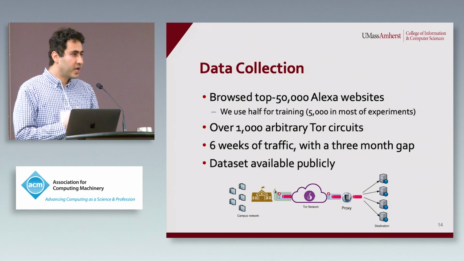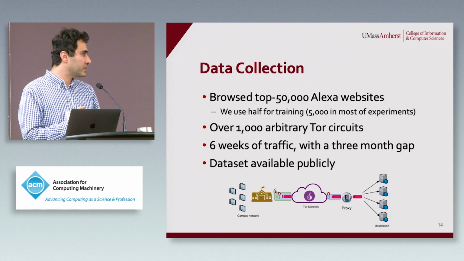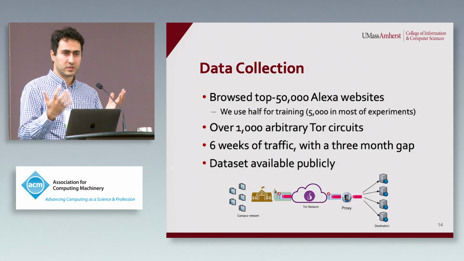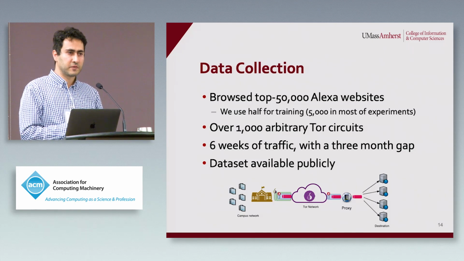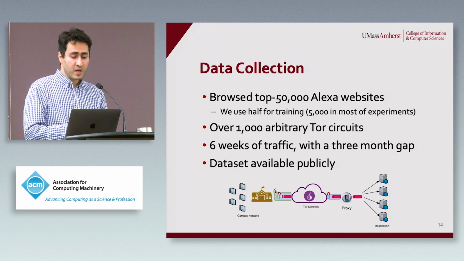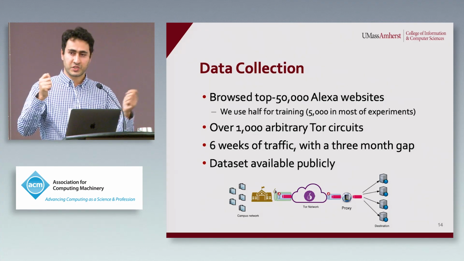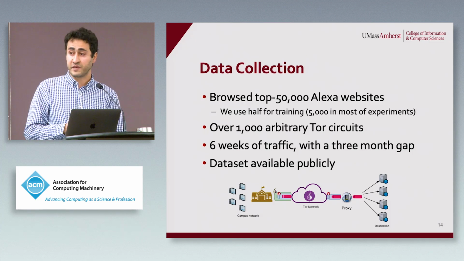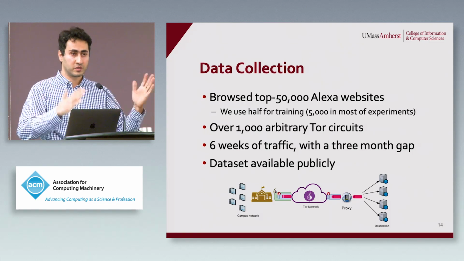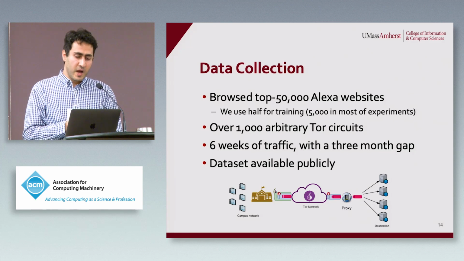First of all, let me explain how we collected the flows for experiments. We collected correlated flow pairs by browsing the top 50,000 Alexa websites. We forced these connections to go over 1,000 different circuits, so we made sure they are distributed over 1,000 different Tor circuits.